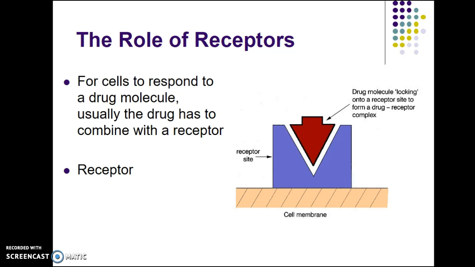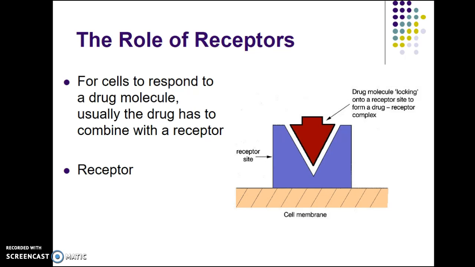So in order for a drug to exert an effect on a tissue, the tissue has to have a specific protein on the surface of the cell or within the cell in order for that drug to react with it. This is called a receptor, and a receptor and a drug are kind of like a lock and a key.